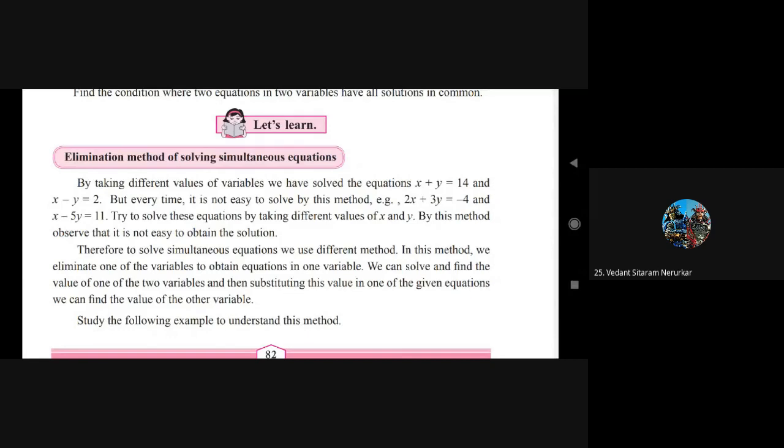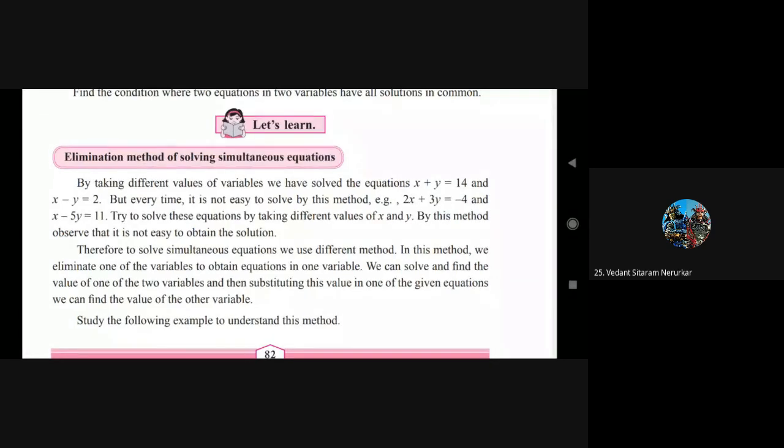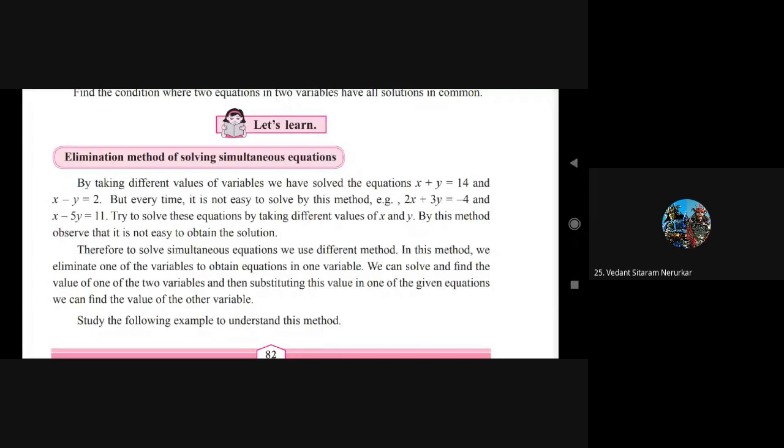We will be having two equations in two variables. So we have to find out value of both the variables. मतलब x की भी वैल्यू फाइंड आउट करनी है, y की भी वैल्यू फाइंड आउट करनी है, and those values should be such that it should satisfy both the equations. Okay, first one and second one.